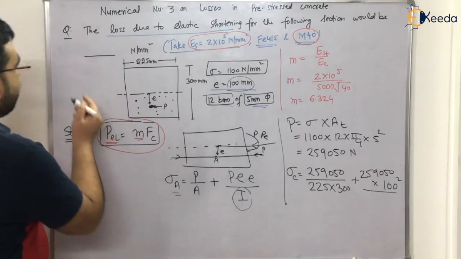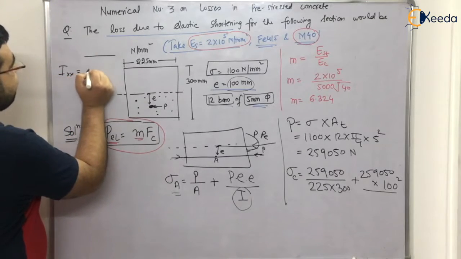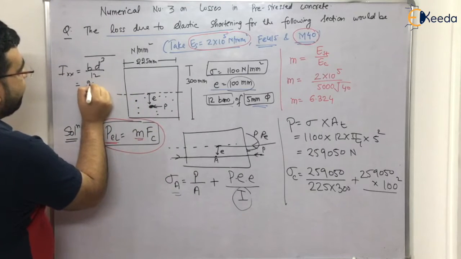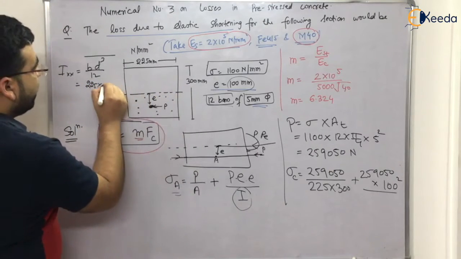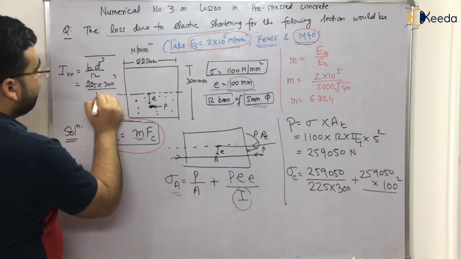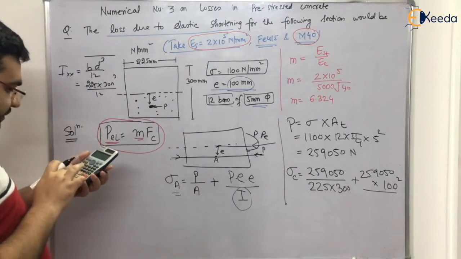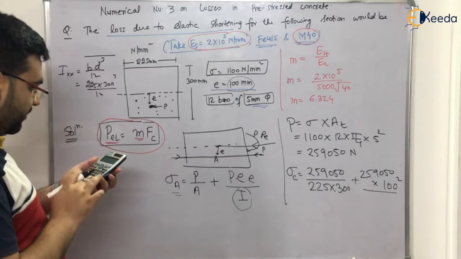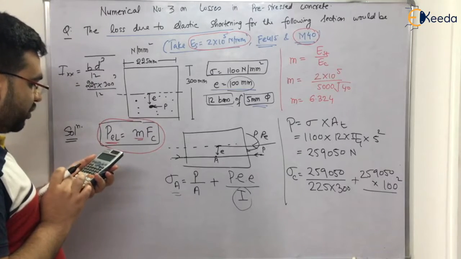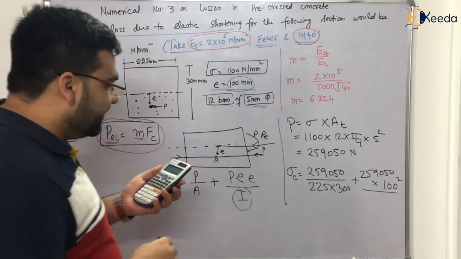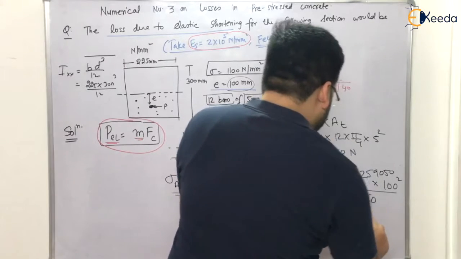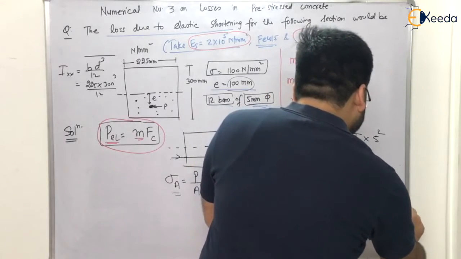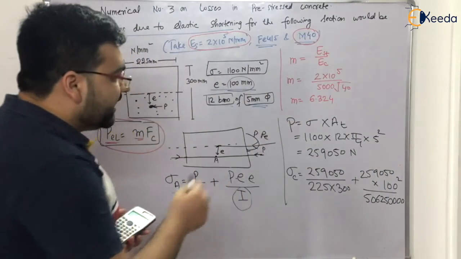The moment of inertia of a rectangular section about the x-axis is b d cube divided by 12, so 225 into 300 cube divided by 12. It comes out to be 50625 0000. This will be the stress in concrete.